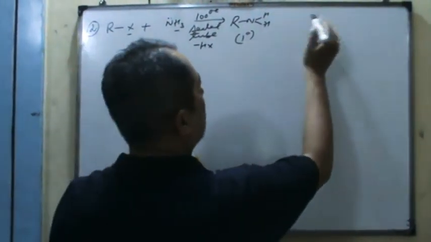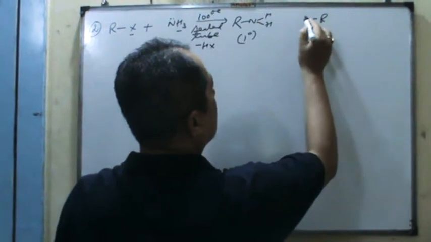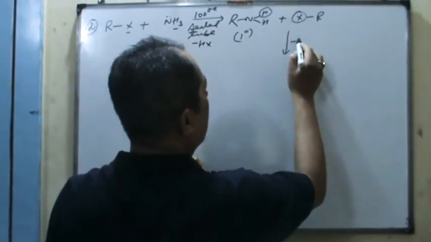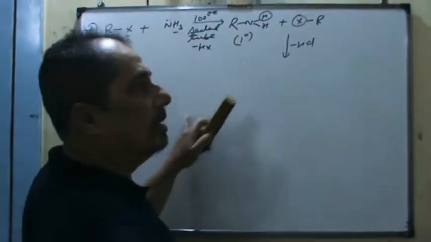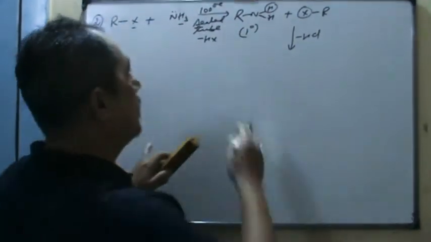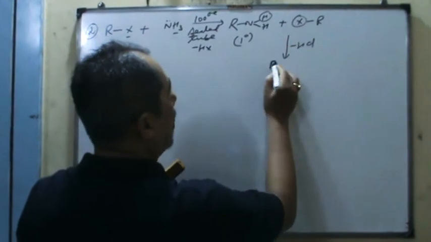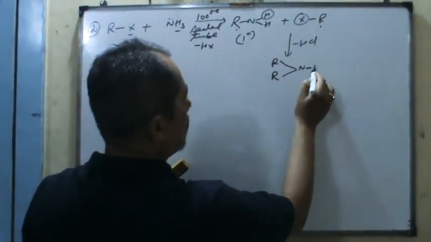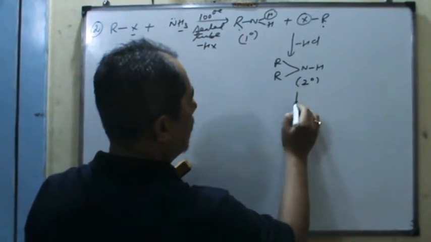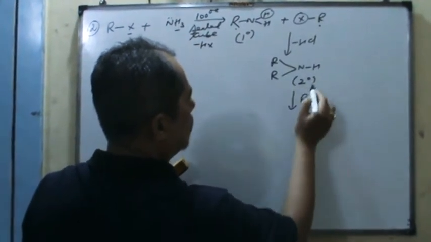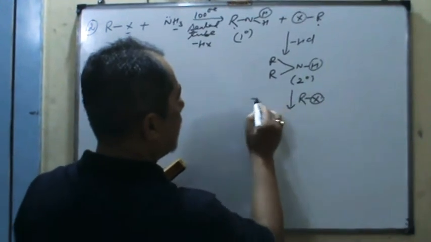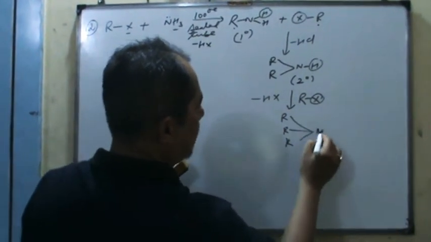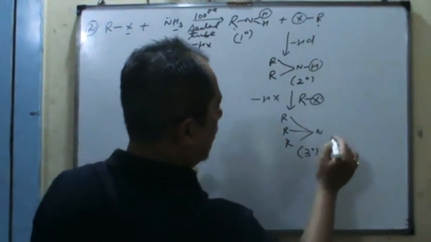Further it undergoes reaction with another molecule of the alkyl halide. Same condition, 100 degrees Celsius in a sealed tube apparatus. Now, how many R? This R and this R. That means R2NH. What degree amine? 2 degree. Further, it reacts with a third molecule of the alkyl halide R, and tell me what degree amine? 3 degree.